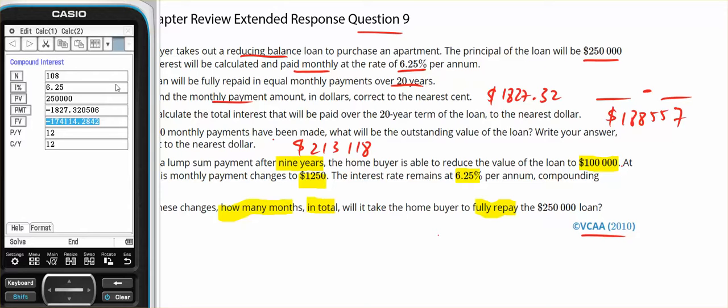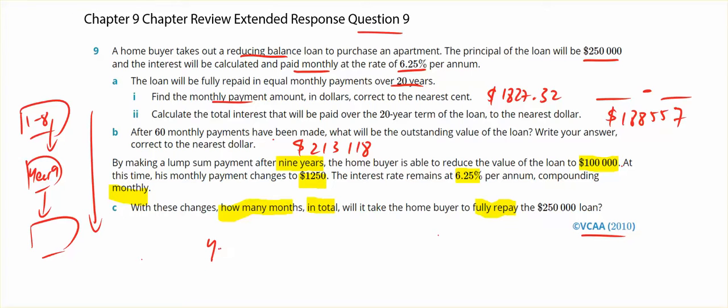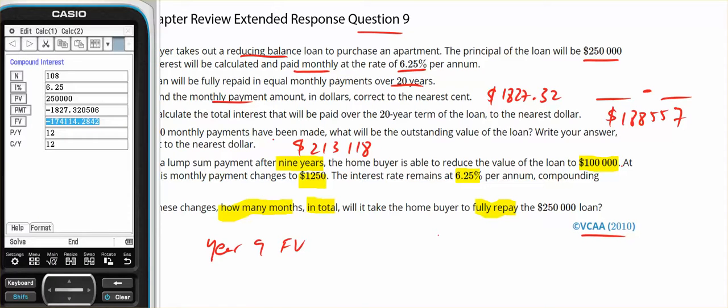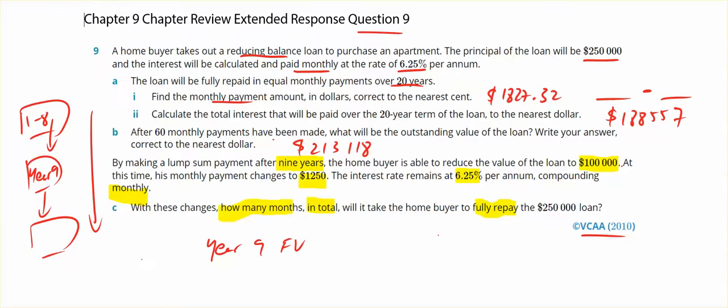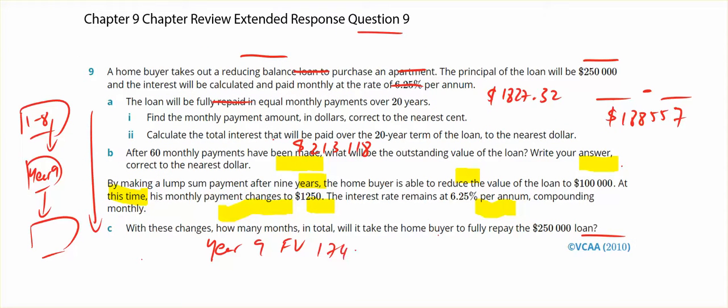So at year 9, the final value is 174,114. This type of working I'm expecting you to show me.